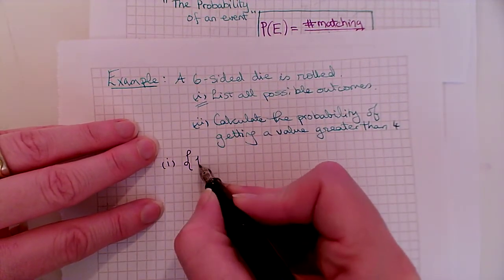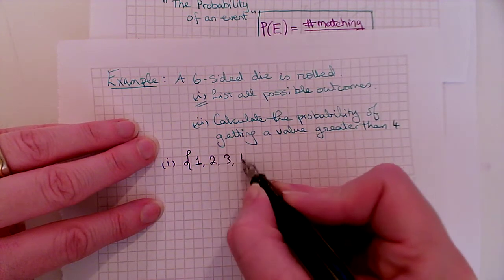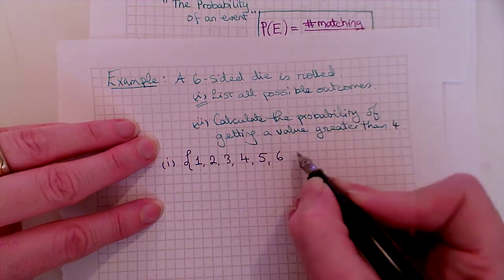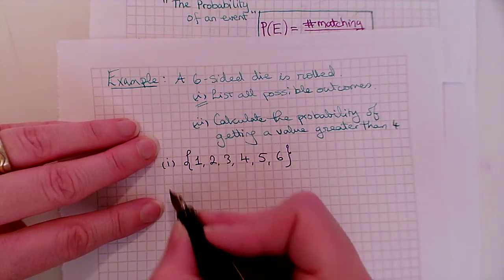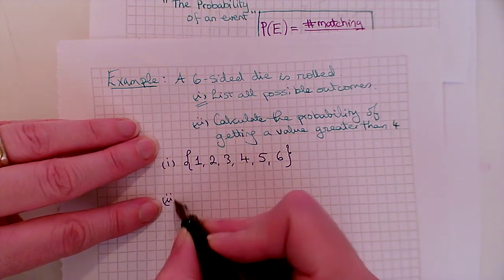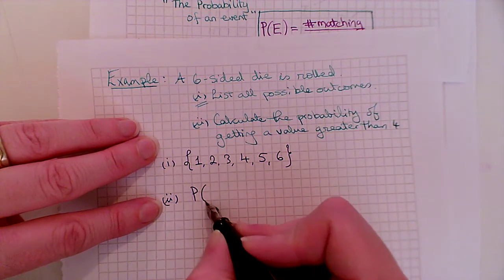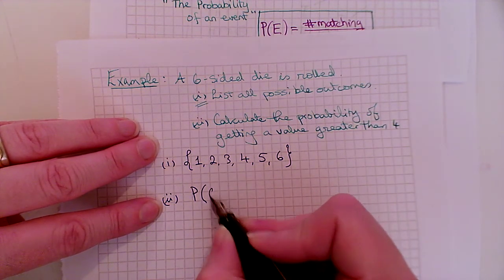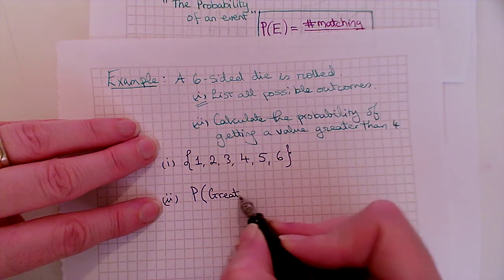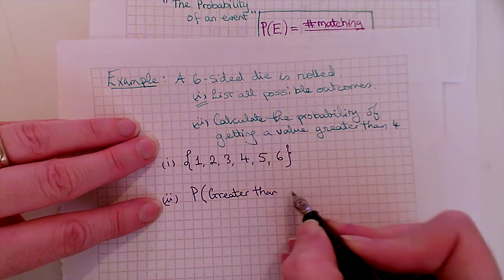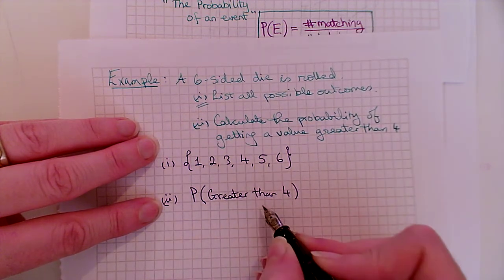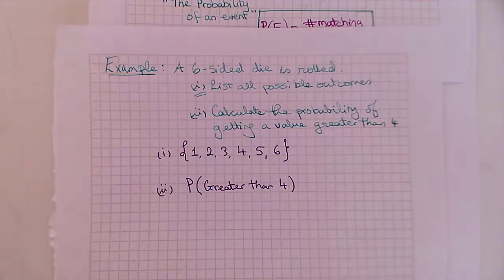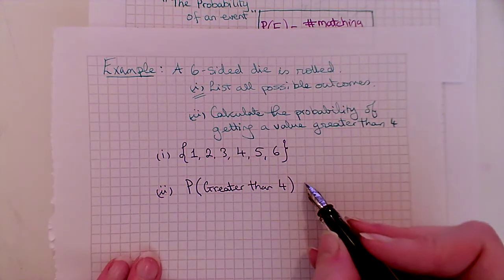So when I roll a standard 6-sided die, the outcomes are the numbers 1, 2, 3, 4, 5, and 6. And then calculating the probability. So the probability that I get a number greater than 4. You can see this is the event, getting a number greater than 4, and the P outside it means the probability.